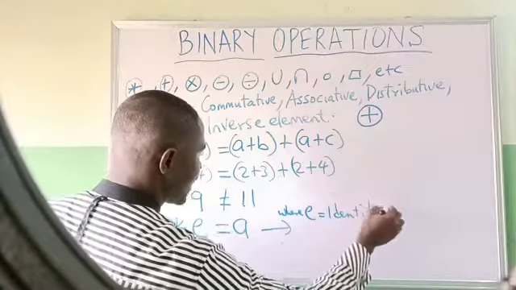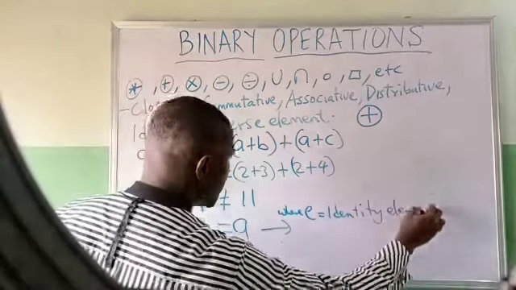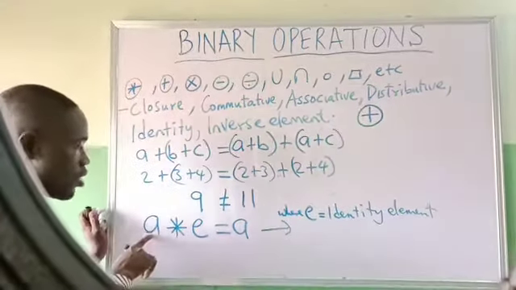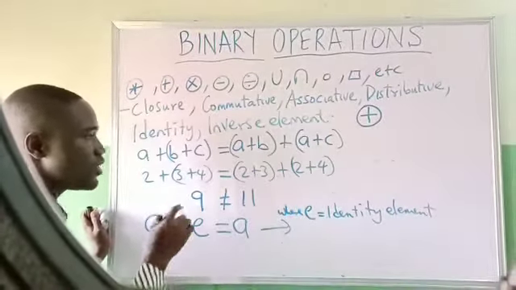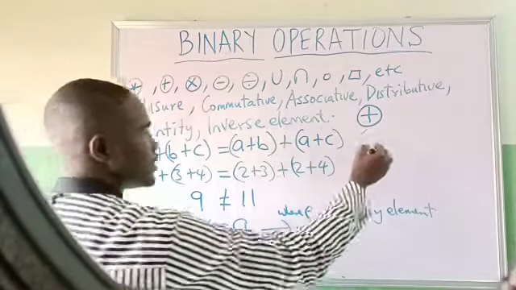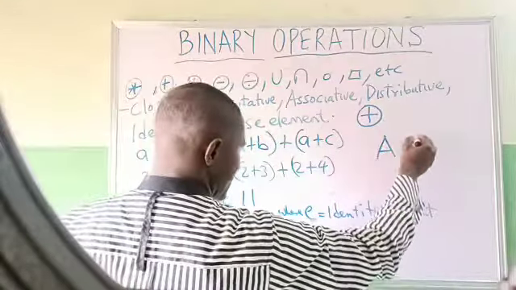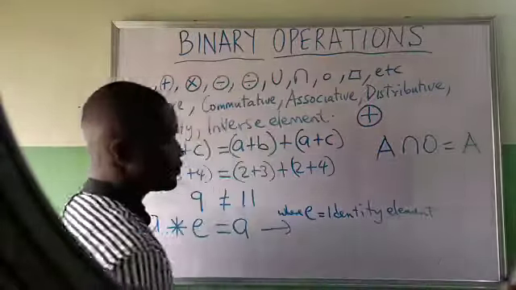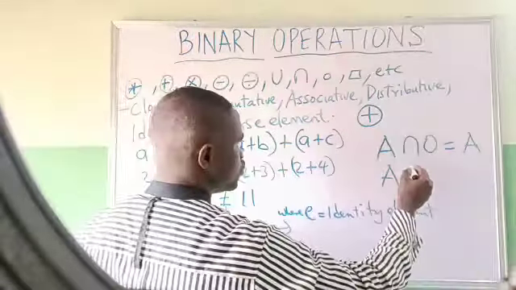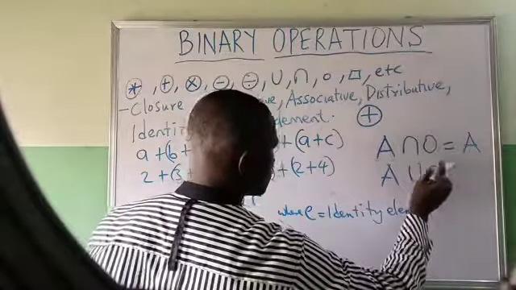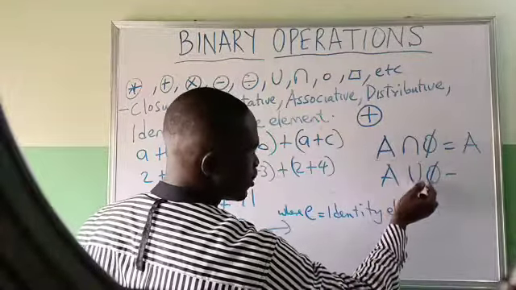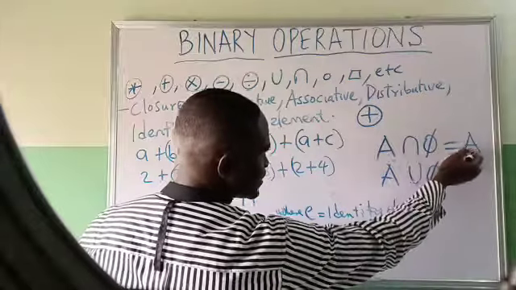We say that it obeys this rule: A combined with E gives you A. Where can we get it? A intersection 0, what will it give me? A union empty set, what will it give me? A union empty set is A.